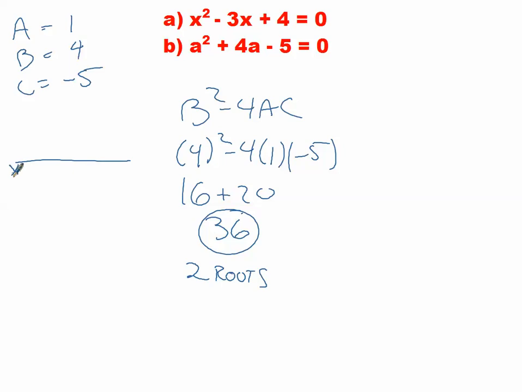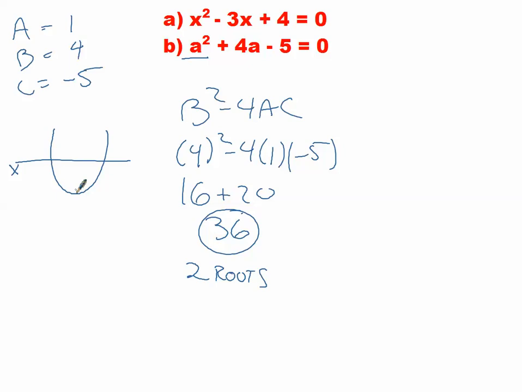Is this parabola opening up or down? How do I tell if a parabola opens up or down? Jared? By the first term, by the quadratic term. The quadratic term is positive, therefore the parabola is smiling. Therefore, if I have 2 roots and the parabola is smiling, my vertex must be below the x-axis. That's the only way I can get that.